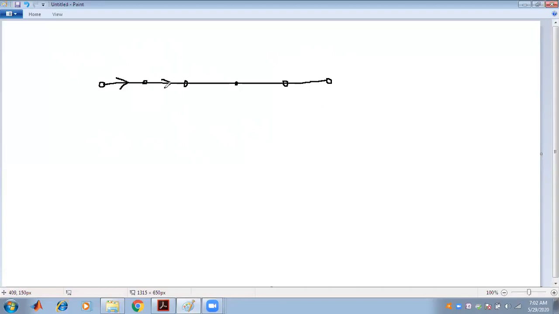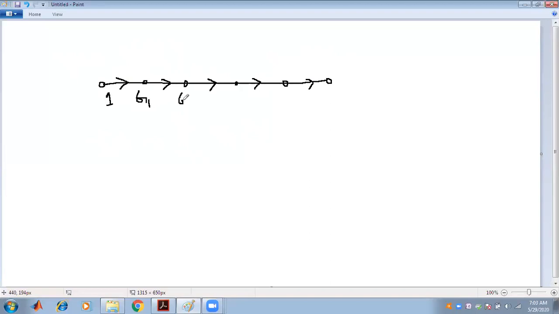So we concentrate on the problem, then we approach the solution using the conception of Mason's gain formula.